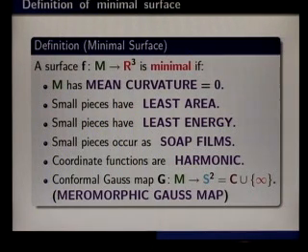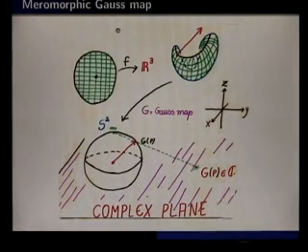I'm just going to explain by way of a picture what this is about. We have a conformal, meromorphic Gauss map. We think of it like a little soap film in space with the topology of a disk. We can always parameterize it conformally by the unit disk in the plane. At each point we have the unit normal, and we can translate that to the sphere.